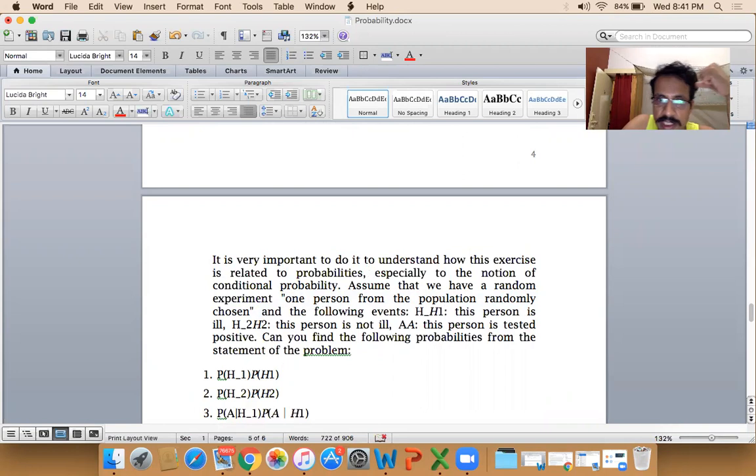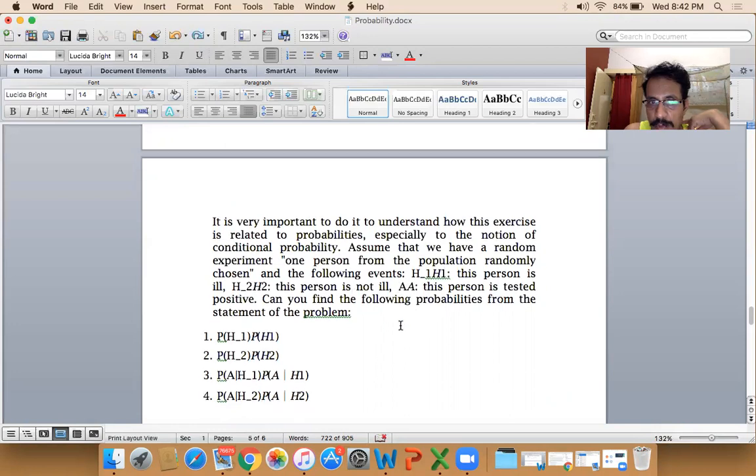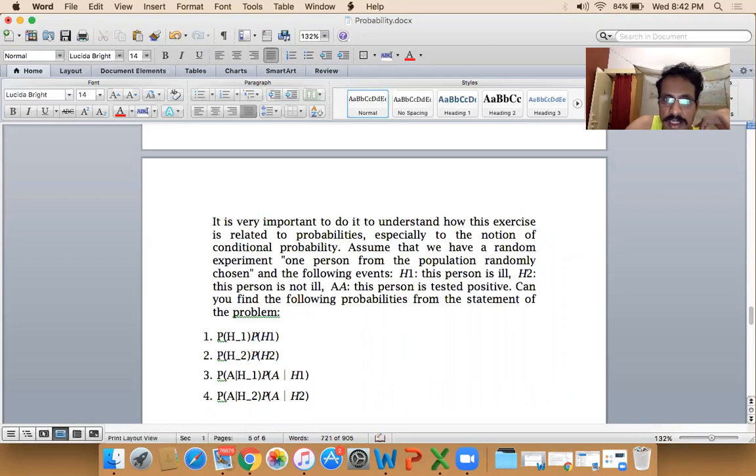So we say H1 when this person is ill, and H2 when this person is not ill, right? We have a probability of A when this person is tested positive.